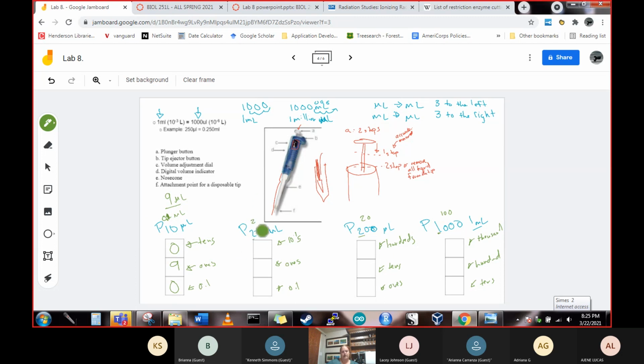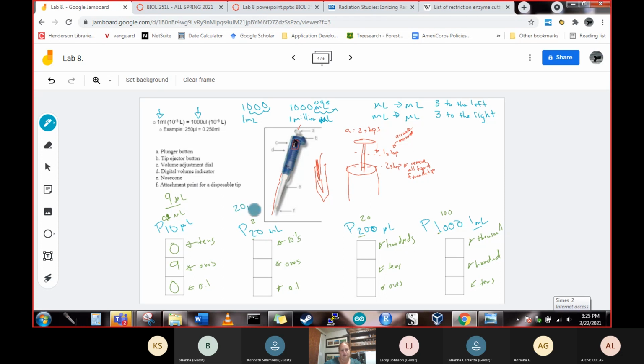What if we wanted to measure 9 microliters on a P20? There we go. Sorry about that. Just opening all my sticky notes. So this would look exactly the same on these two. What if we wanted to do, instead of 9, 20 microliters on a P20?